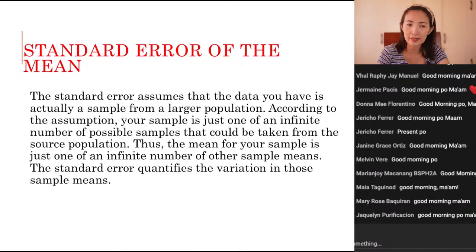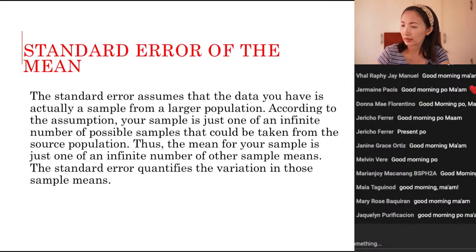The standard error quantifies the variation in the sample means, because the mean changes from sample to sample. So we have to quantify the variation in those different sample means, and that's where the standard error of the sample mean comes in.